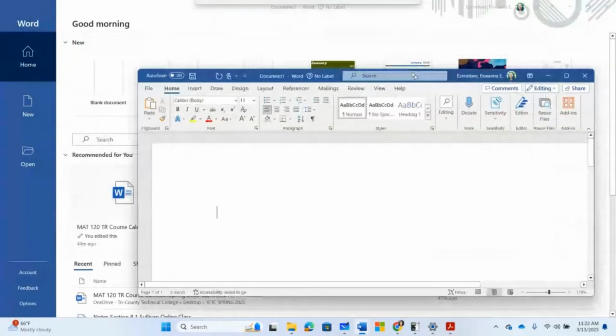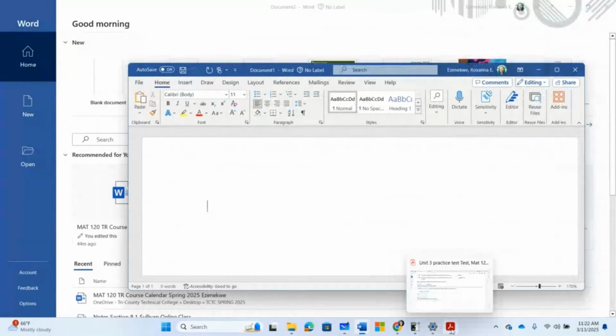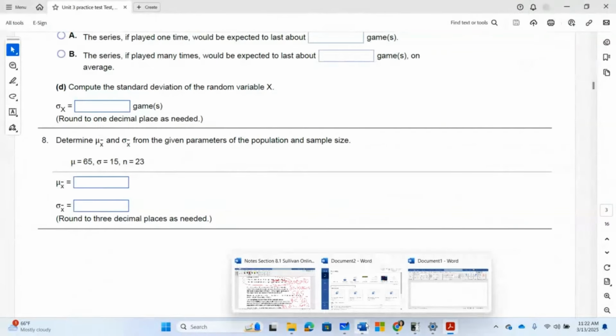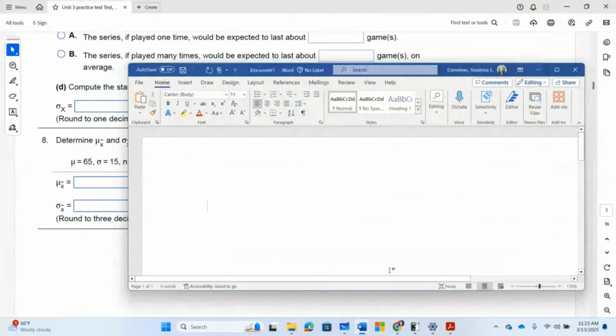The question we are working on now is number 8. Look at number 8.